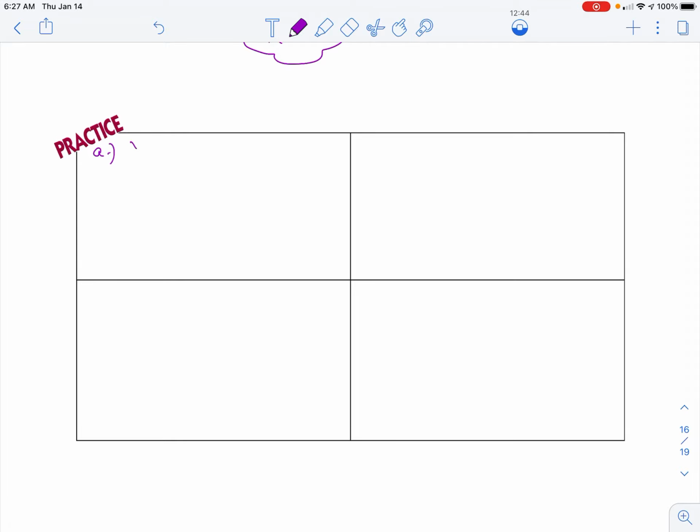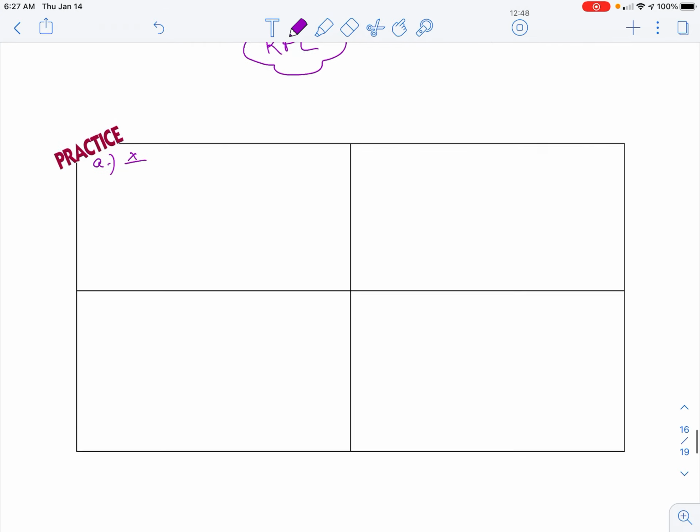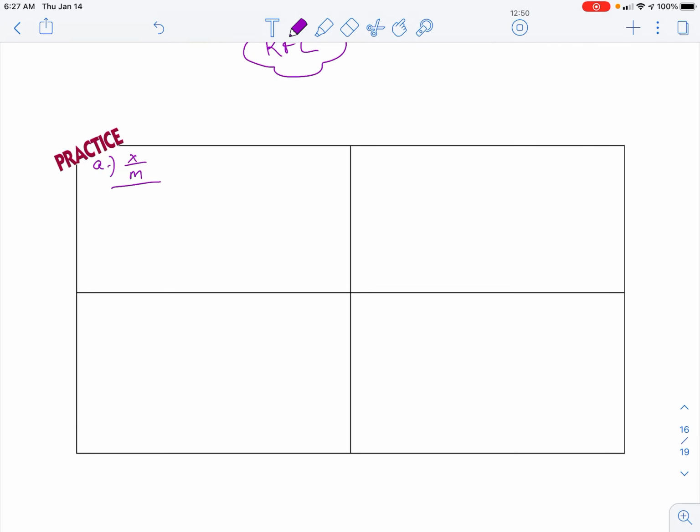Letter A, we have x over m over d. That is letter A. Oh, wait a minute. Did I write that out right? Let me look at this for a minute.